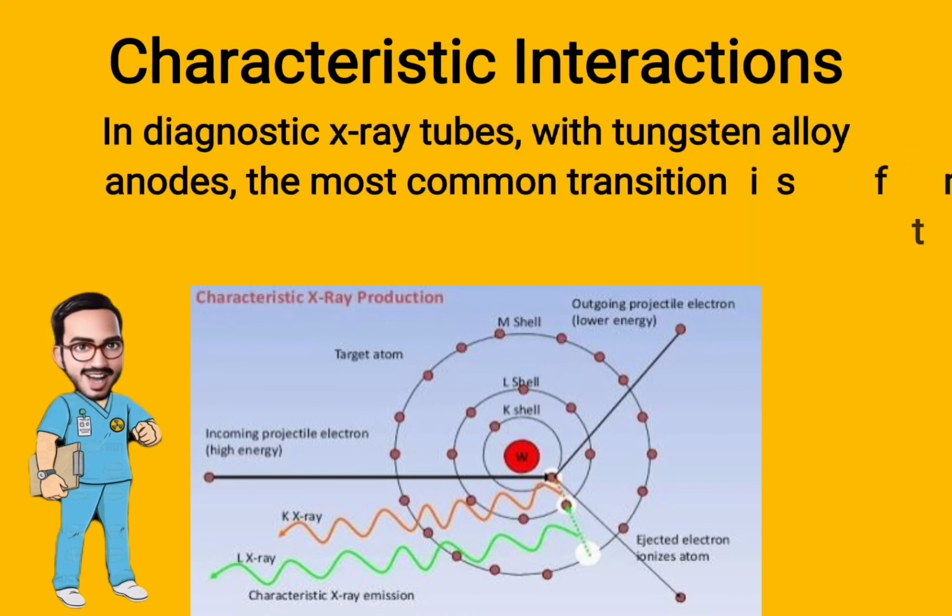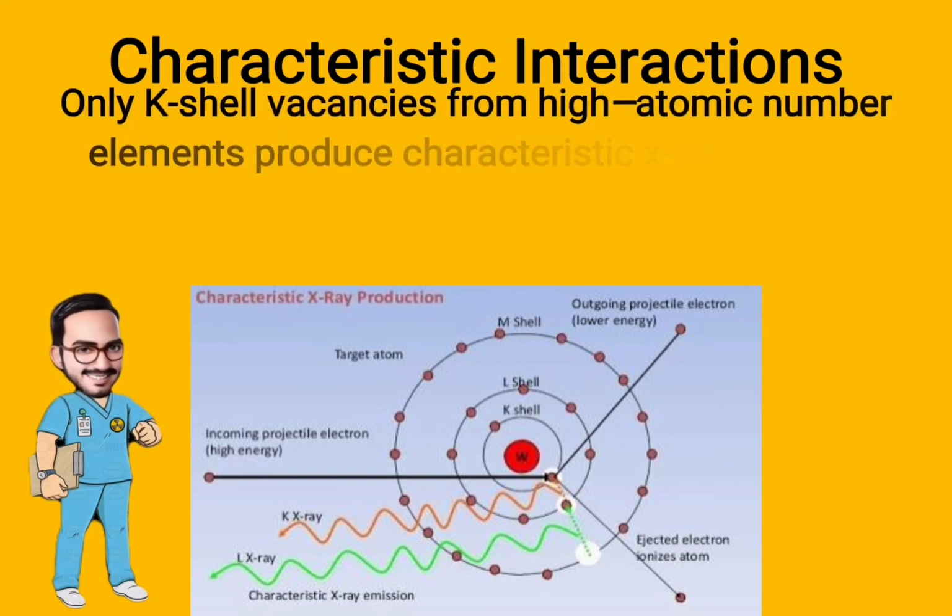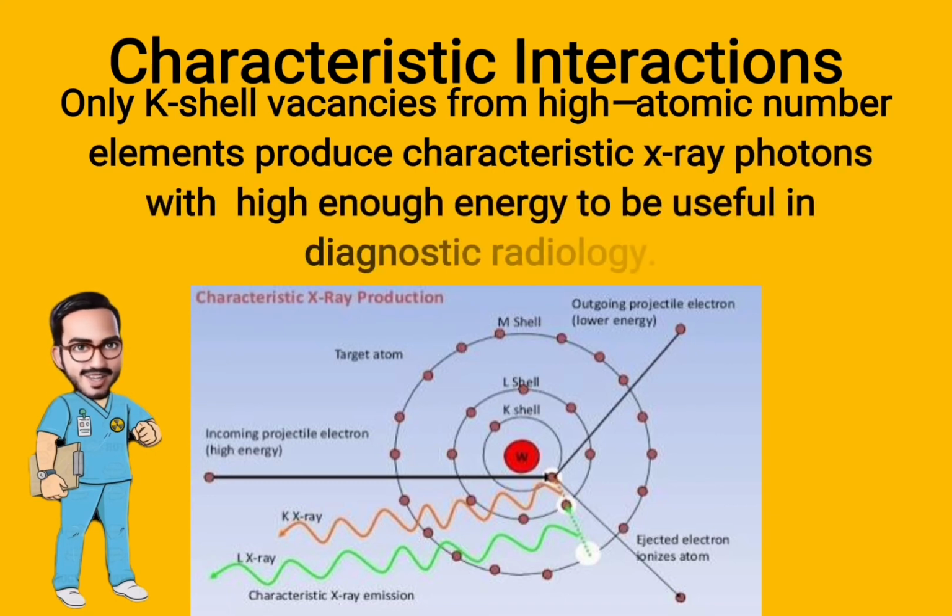In diagnostic X-ray tubes with tungsten alloy anodes, the most common transition is from the L shell to the vacant K shell. Only K shell vacancies from high atomic number elements produce characteristic X-ray photons with high enough energy to be useful in diagnostic radiology.